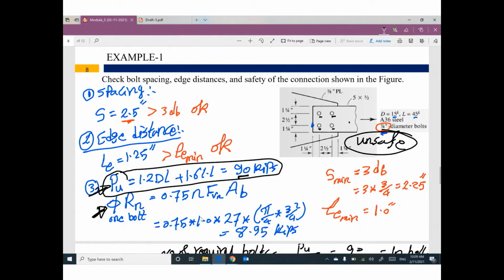Do you want us to stop and just say it's not safe? No, you have to keep going. You have to give me an answer. What about the spacing? What about the edge distance? What about the safety? You need to answer all of these questions. So it's possible to have a safe connection and a safe edge distance, but not a safe spacing? Yes, sometimes. Okay.